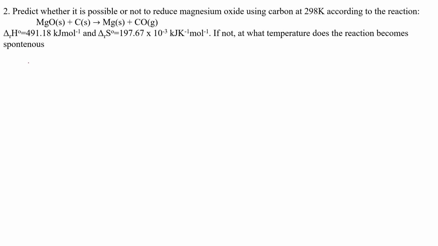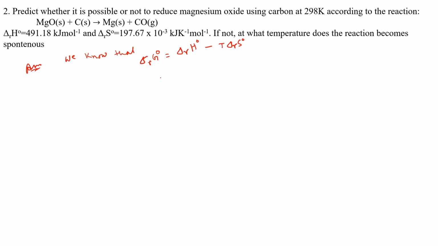So, we write, we know that delta G naught of the reaction is delta H naught minus T delta S naught.